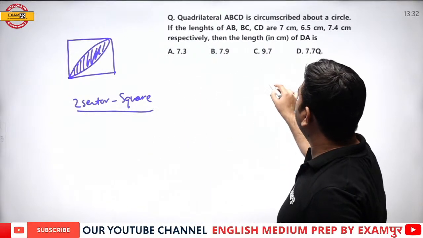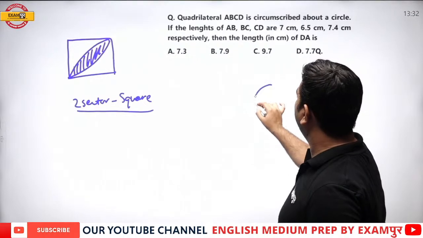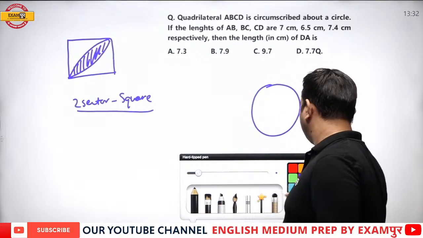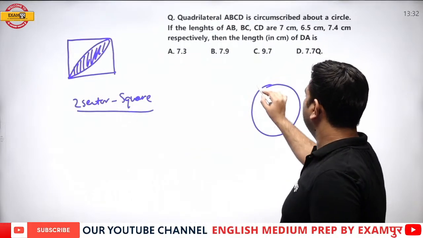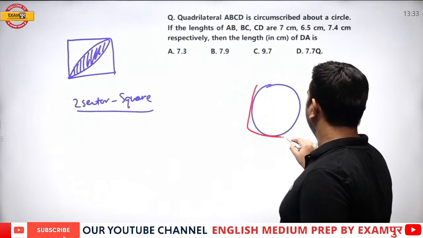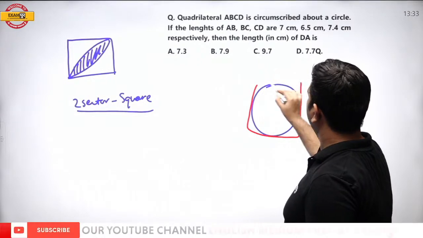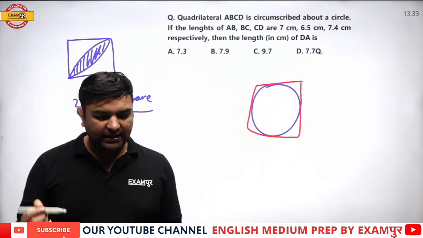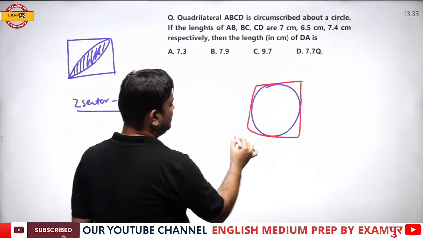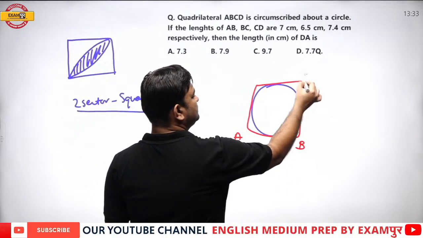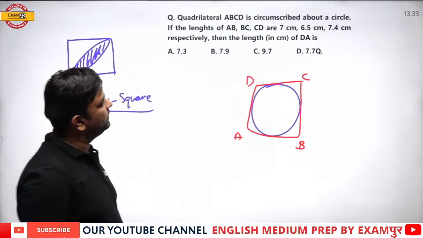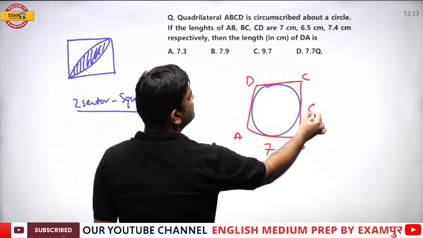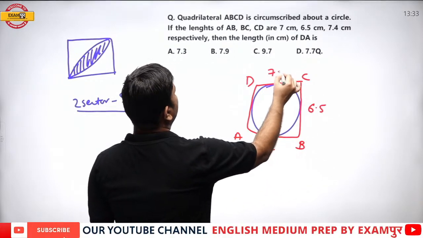A quadrilateral is circumscribed, means the quadrilateral is outside. Circumscribed means outside. Inscribed means inside. AB 7, BC 6.5, CD 7.4.